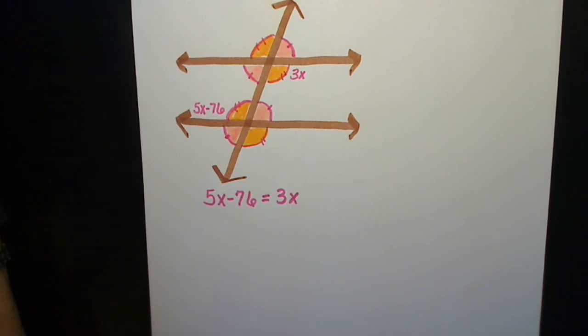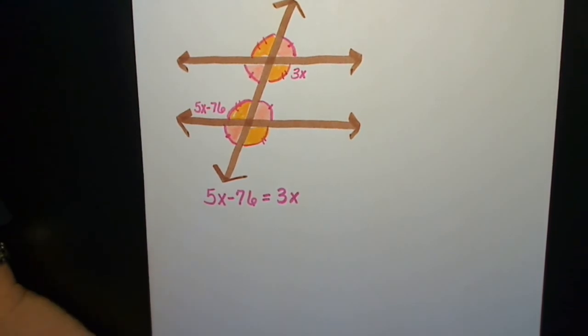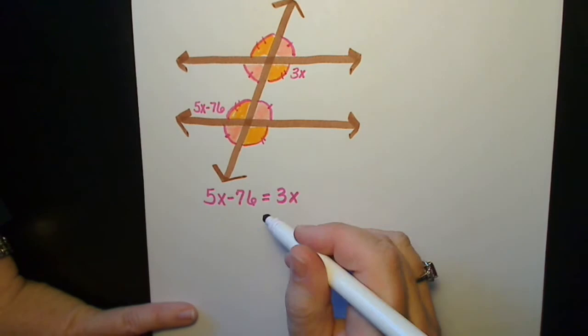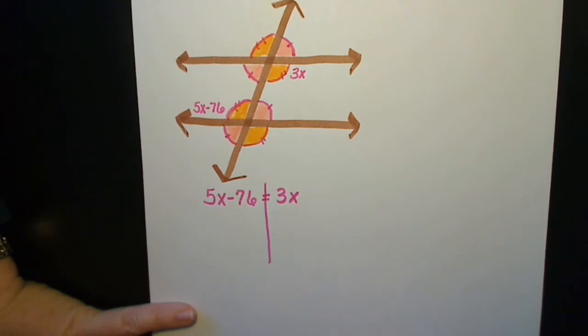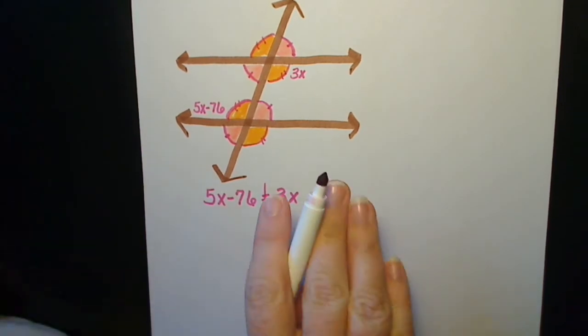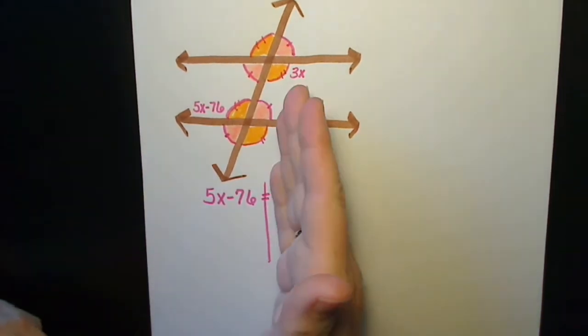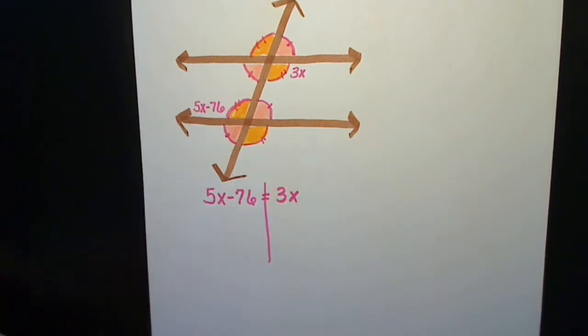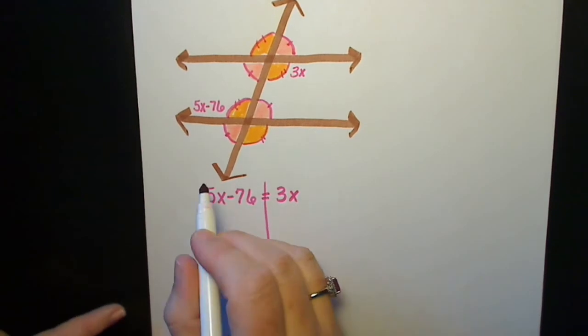If you have forgotten the steps to solve for x, go back in my videos and watch the one over solving multi-step equations. And I go through all those steps. So we do not have the distributive property here. We cannot combine like terms on each side, so we're going to move all our variables to the same side.